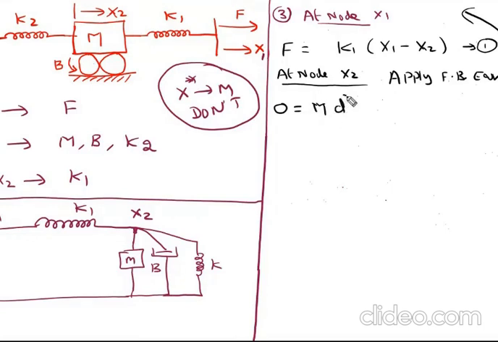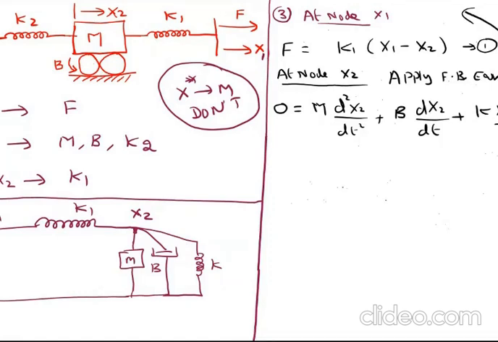M into d square x2 by dt square plus b into, when it is b, it is only dx2 by dt plus k into x2, equation 2.